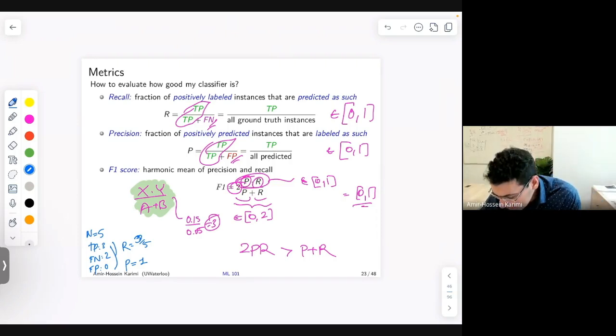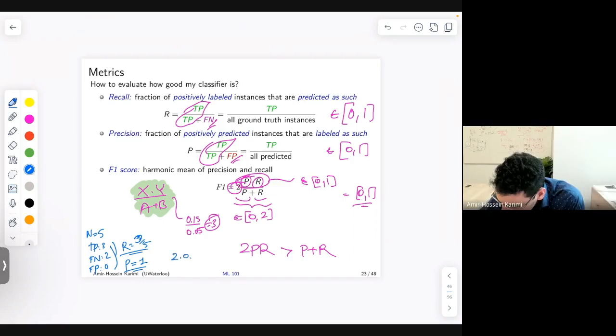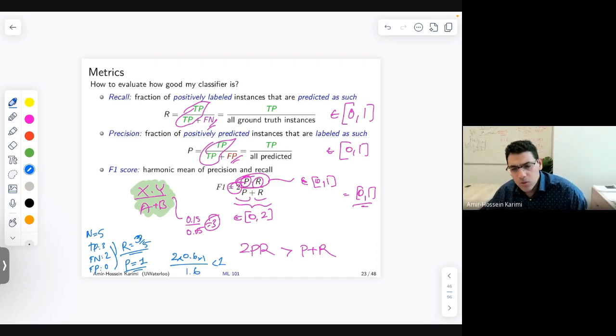I think in this case, if my calculations are correct, the recall would be 0.6 and precision would be 1. And if we put that in, that's 2 times 0.6 times 1 divided by 1.6. That is smaller than 1. Sorry. Right, but good attempt though, Shima.